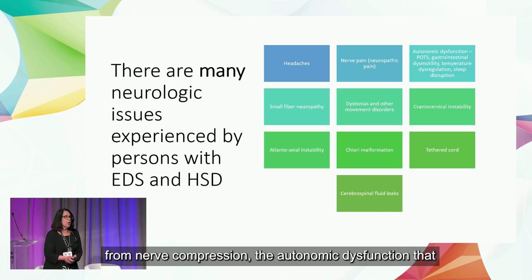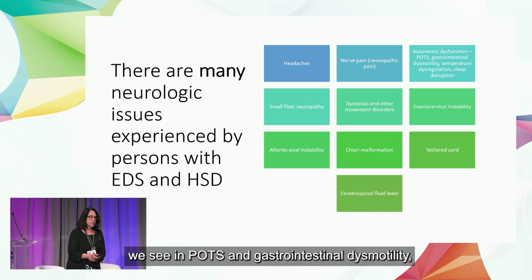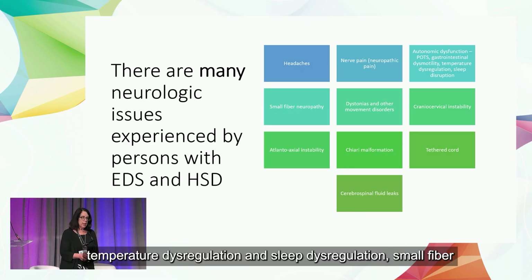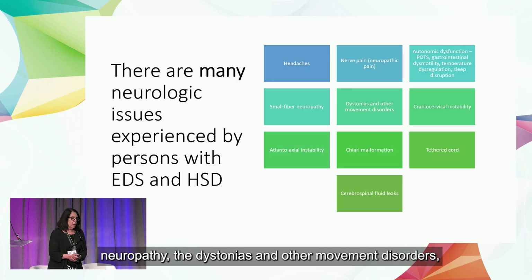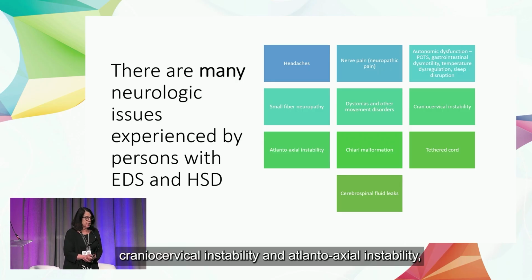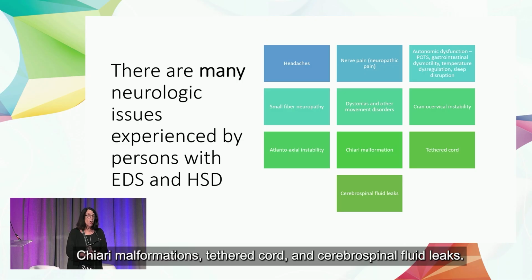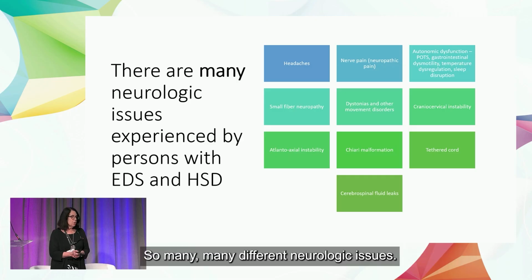The autonomic dysfunction that we see in POTS and gastrointestinal dysmotility, temperature dysregulation, and sleep dysregulation, small fiber neuropathy, the dystonias and other movement disorders, craniocervical instability and atlantoaxial instability, that's instability between C1 and C2, Chiari malformations, tethered cord, and cerebrospinal fluid leaks. So many, many different neurologic issues.